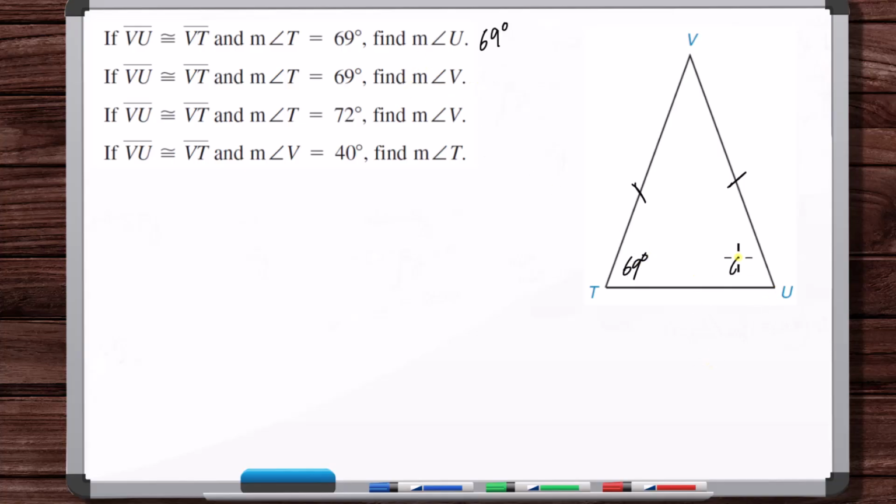Well, this must be 69, and the angles must sum to 180. 70 times 2 is 140, minus 2 is 138, so 69 times 2 is 138, and 180 minus 138 is 42. So that would be 42 degrees.